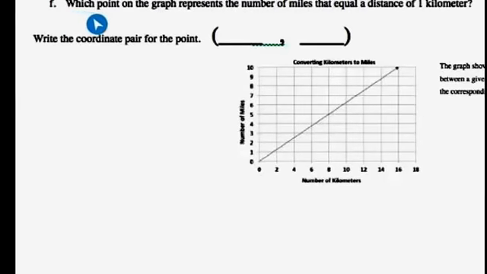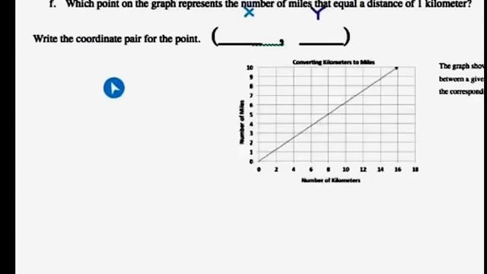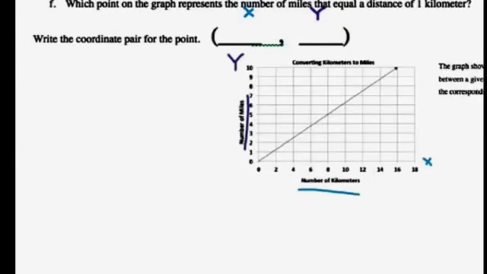Question F. Which point on the graph represents the number of miles that equal a distance of 1 kilometer? Write the coordinate pair for the point. First of all, when we think about writing the coordinate pair, where will 1 go? Will it go in x or y? Referring to our graph, we know that on the x-axis we find number of kilometers, and on the y-axis we find number of miles.